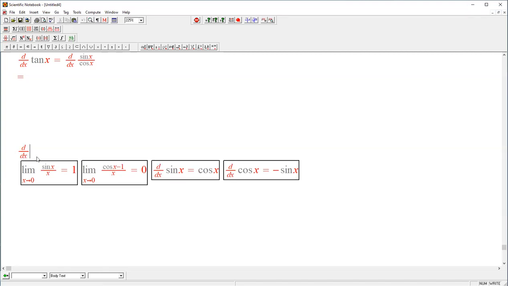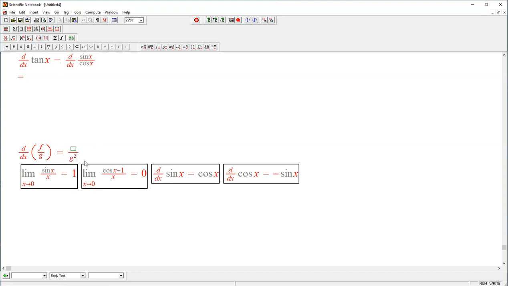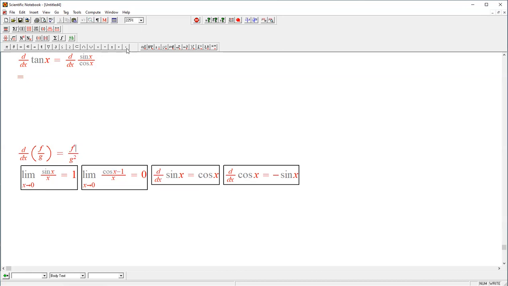The derivative of f over g equals, over g squared, the derivative of f times g, subtracting f times g prime.